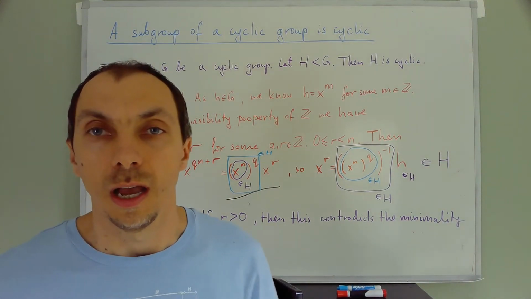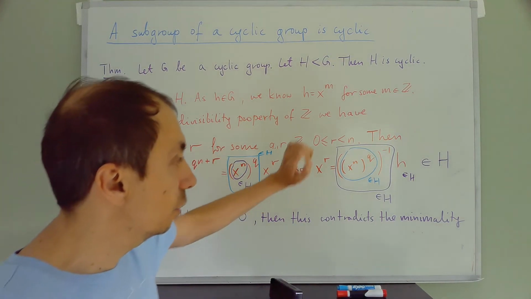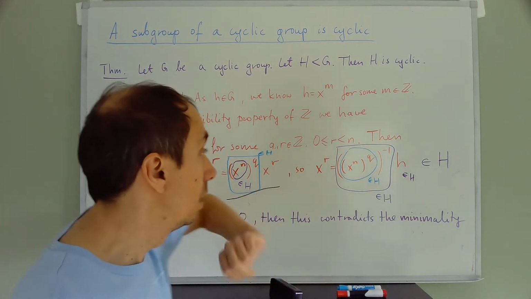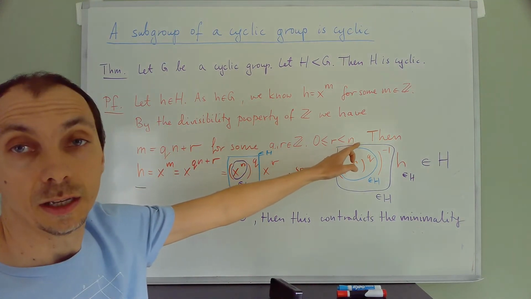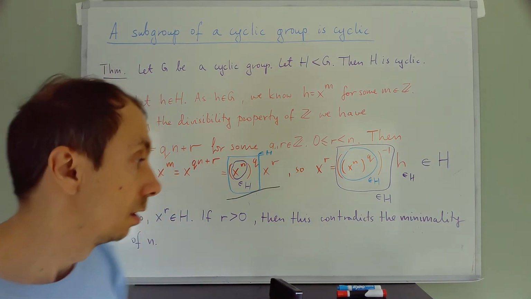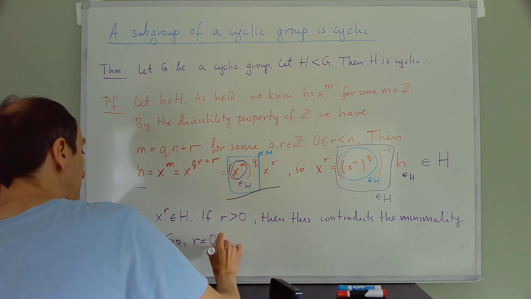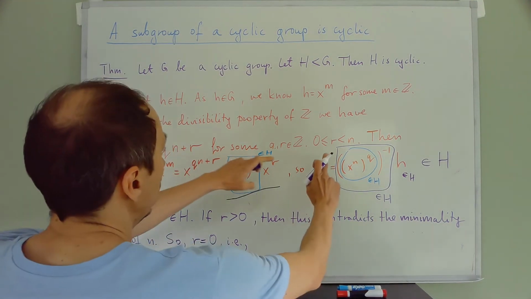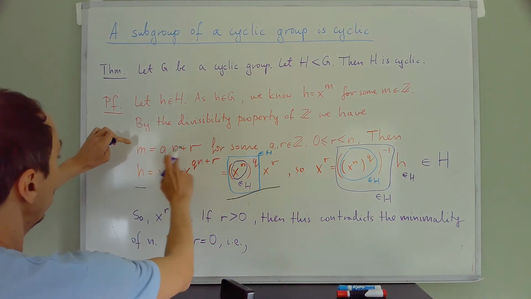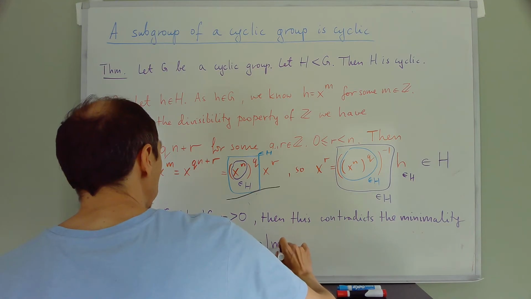How so? n was the smallest positive integer such that X to that integer is in H. And r now is positive and it's smaller than n. So that would be a contradiction. So r must be 0. i.e., what do we get? If r is 0 in here, that means that n divides m.